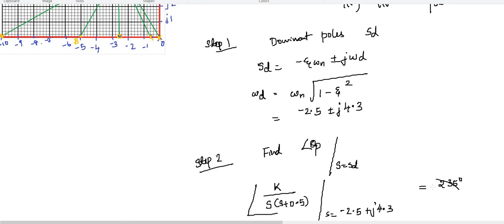Not 235, it is plus 125 degrees. The angle will be plus 125 degrees.